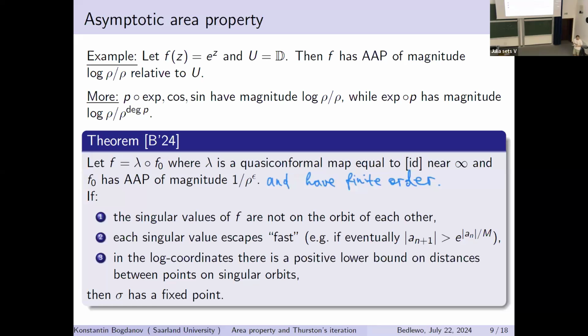But still, do you know some nice counterexamples when sigma has no fixed point? Actually, no, I haven't seen any example where sigma has no fixed point, at least in this infinite dimensional setting. That's a question how this could be done. Because in all the theory I have tried to work on so far, either we don't know the answer, or there is no Thurston obstruction, and there is at least one fixed point. And this case is exactly a similar one.